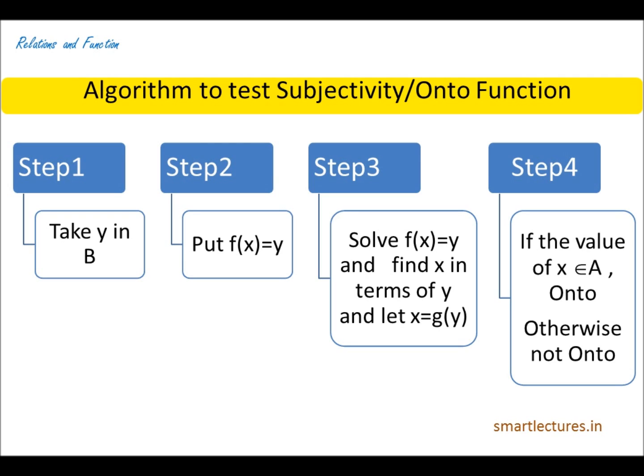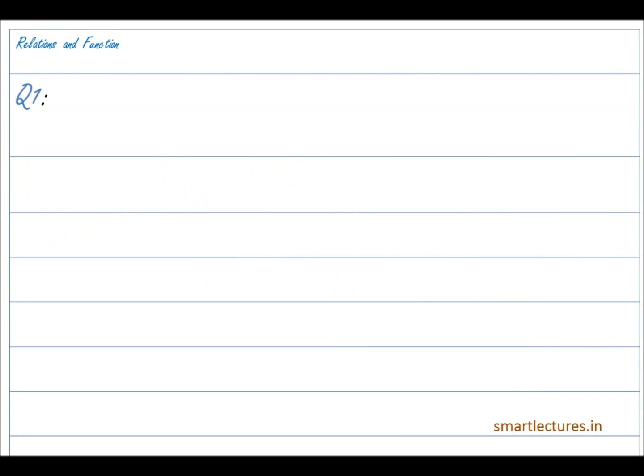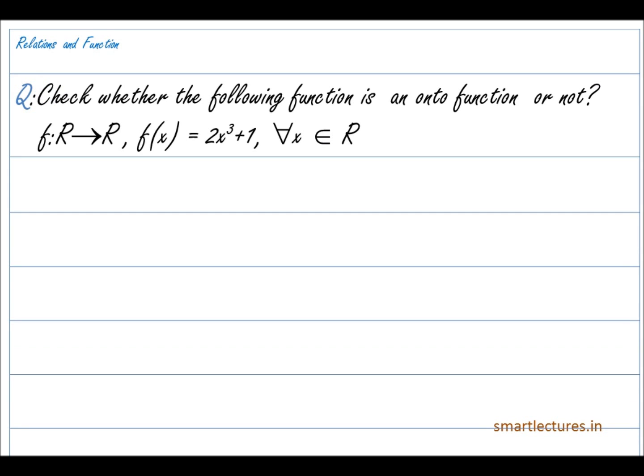Now let's try to understand this algorithm with the help of an example. Check whether the following function is an onto function or not. A function is defined from set R to set R, where f of x is equal to 2x cube plus 1 for all x which belongs to real numbers.